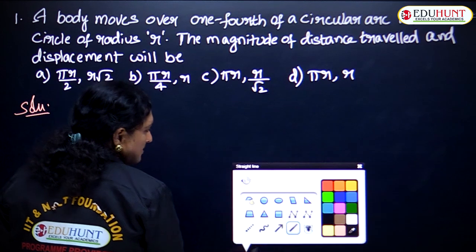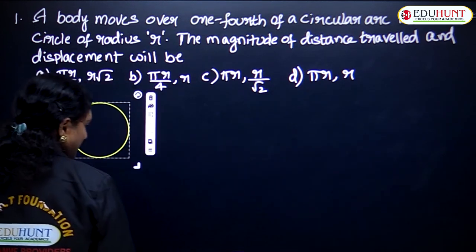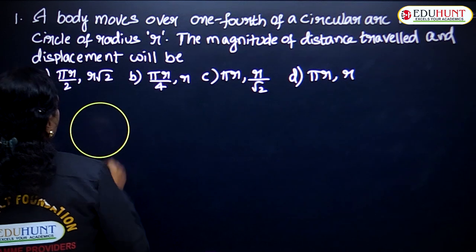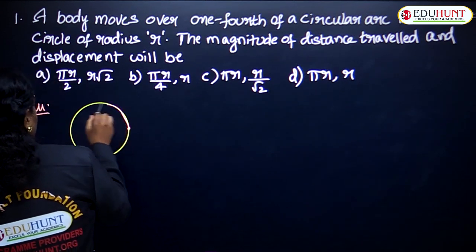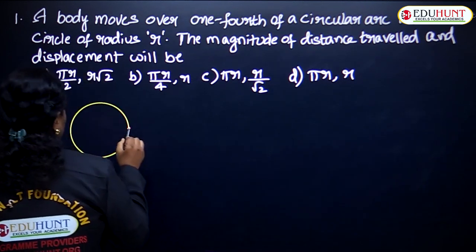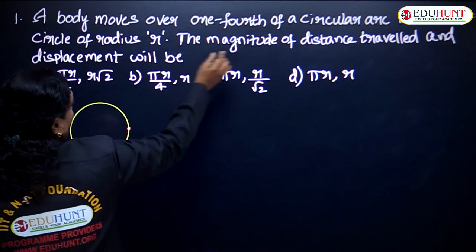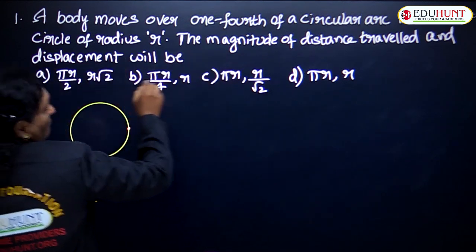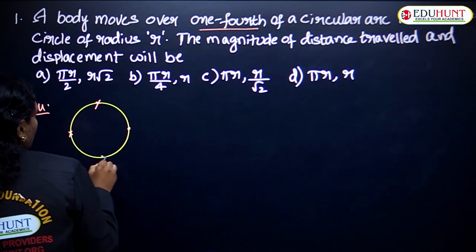So, what is given, children, here? A circle was given. In the circle, a body moves over 1/4. See here, this indicates a full circle, whereas this indicates a half circle. 1/4 of a circle means it is divided into 4 parts.